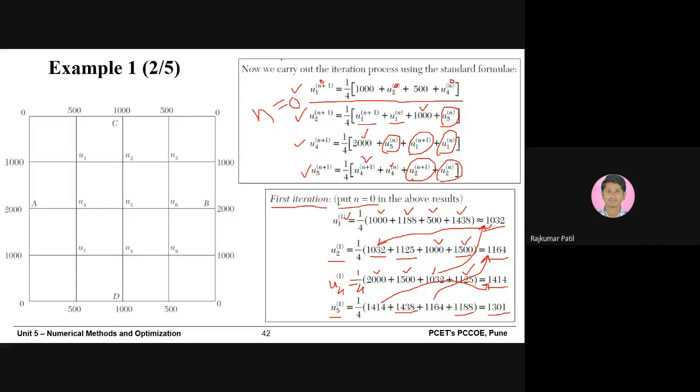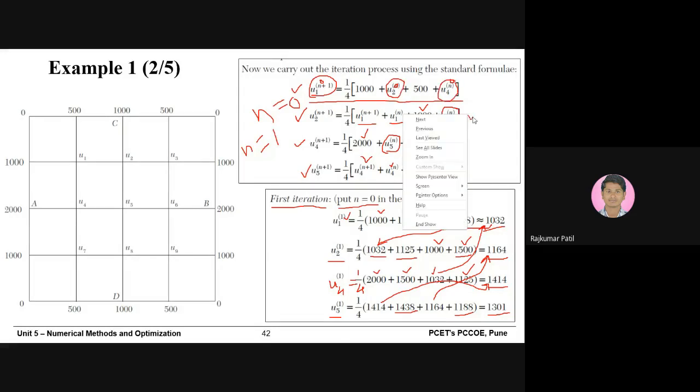So next, what you will do, put in this equation n is equal to 1. So your equation will be U1 raised to 2. Here U2 raised to 1 and U4 raised to 1 and so on. So you will get new equations.